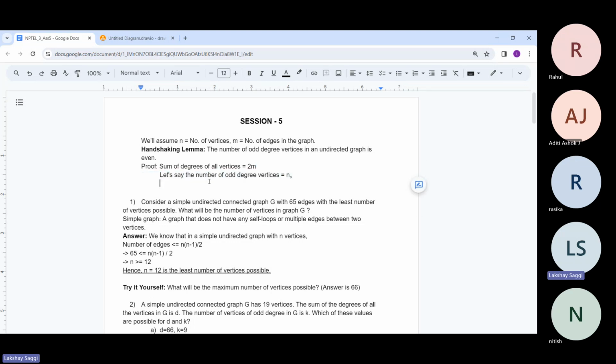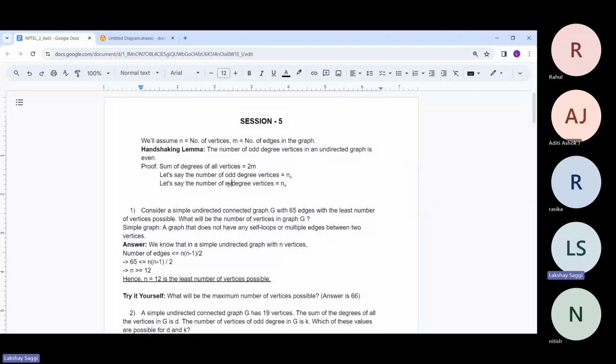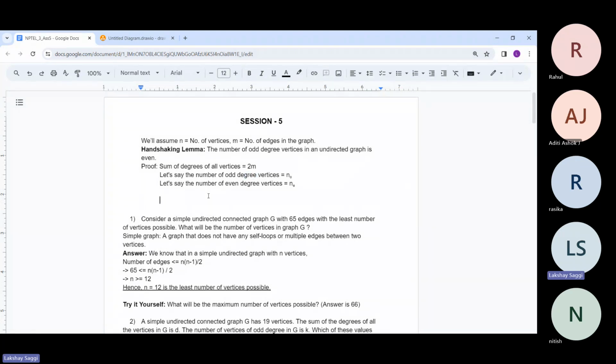And let's say the number of even degree vertices in the graph is equal to ne. So we have odd degree vertices and even degree vertices. Now we'll break the sum of degrees of all vertices into two parts: the sum of degrees of odd vertices and the sum of degrees of even vertices.